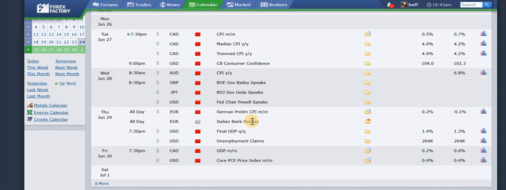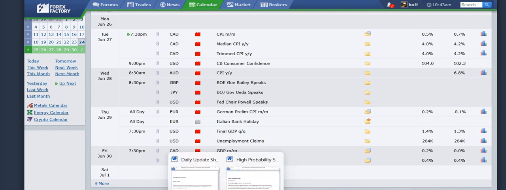Thursday, CPI numbers out of Germany. Italy's got a holiday by the looks. US Thursday, final GDP and unemployment claims. And Friday out of Canada, GDP and US core PCE. So pretty boring, quiet sort of week for news.